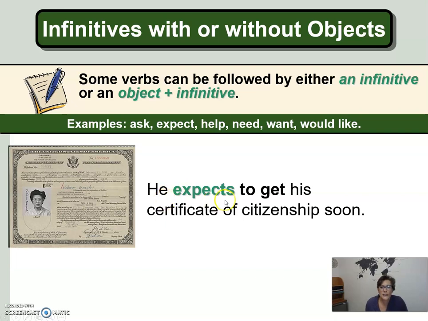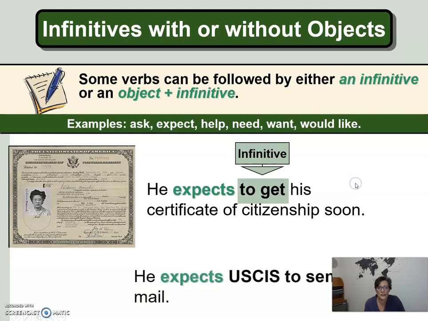He expects to get his certificate of citizenship soon. Notice that expect can take an infinitive immediately after it. That means that he expects to be the one to get his citizenship certificate.